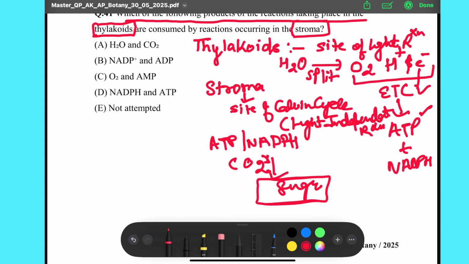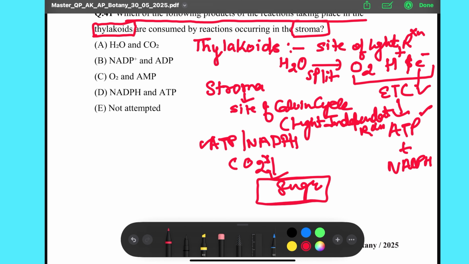Now link the product of the thylakoid reaction to the stroma reaction. ATP and NADPH are produced in the thylakoid membrane during the light reaction. They are then consumed in the stroma during the Calvin cycle to convert CO2 into glucose or sugar.